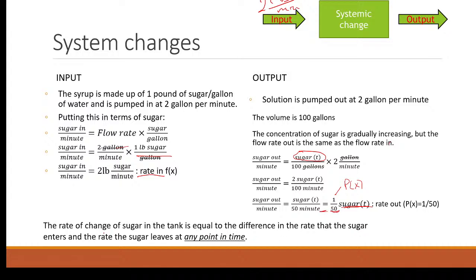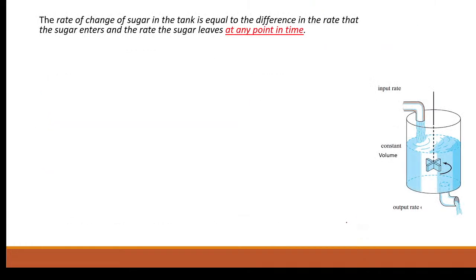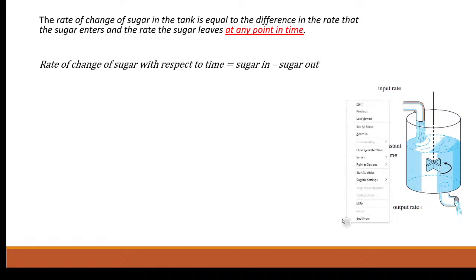So the rate of change of sugar in the tank is equal to the difference between the rate that the sugar enters and the rate the sugar leaves at any point in time. All right, so let's walk through this a little more, to set up the differential equation.